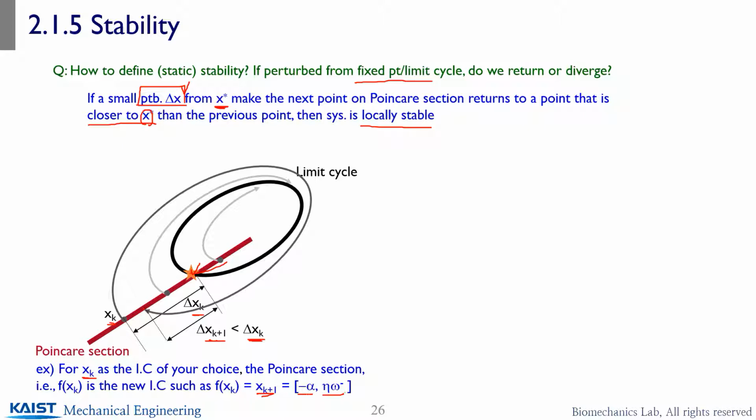That's the collection of xk, xk plus 1, xk plus 2 that forms a Poincare section. As long as this one is the same as xk, then you have found the fixed point.